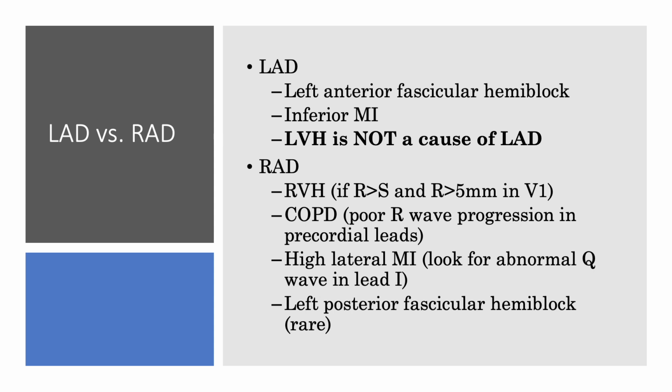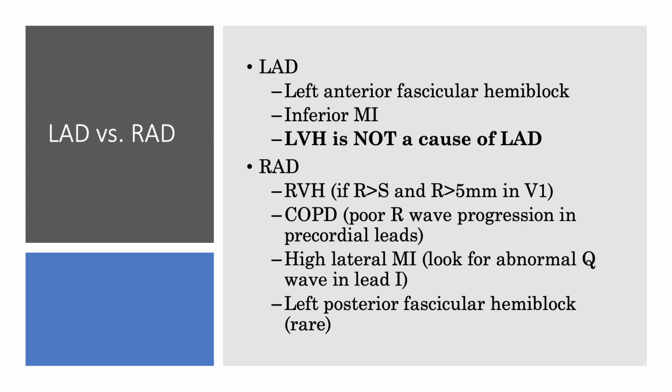So if you have developed significant right ventricular hypertrophy, you've got more myocardium sitting over on the right side of the heart, and that's going to be drawing the electrical activity in that direction. And so from that perspective, it makes sense that right ventricular hypertrophy will be a cause of right axis deviation.